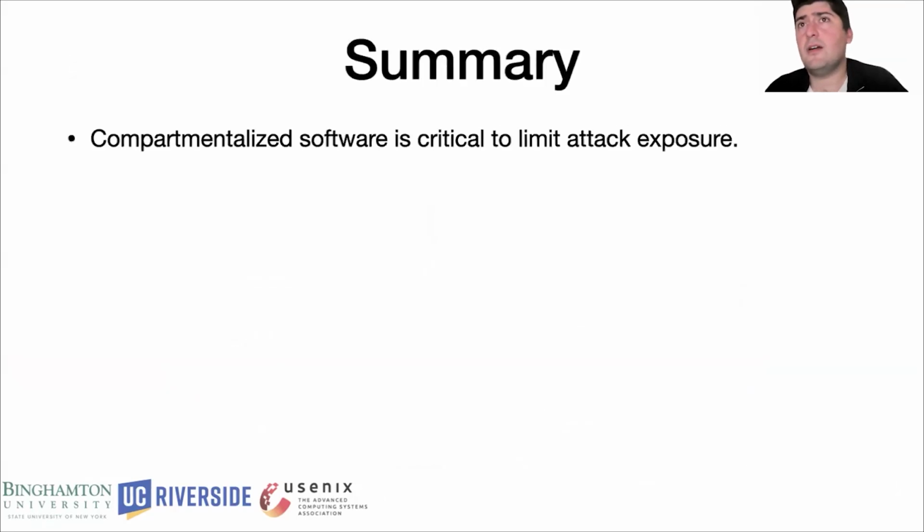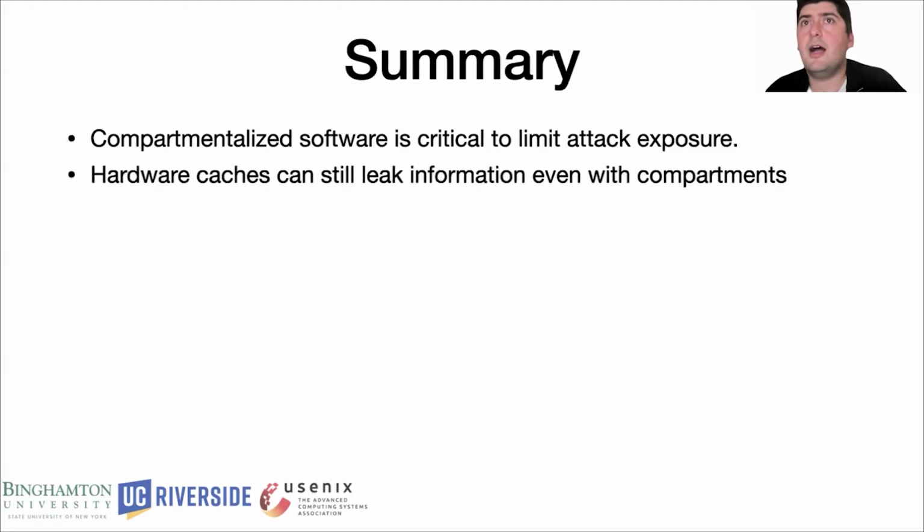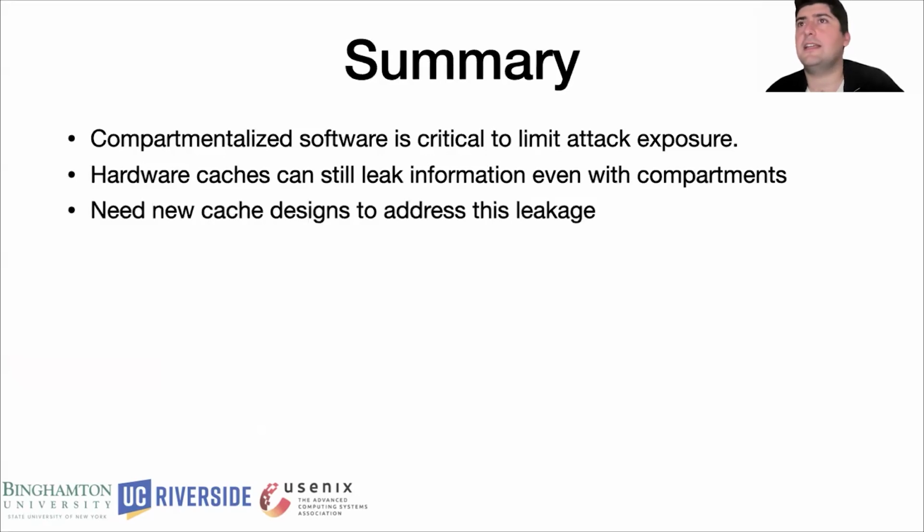In summary, while compartmentalized software contains intra-process attack exposure, shared hardware caches can still leak sensitive data. To fix this, we need cache designs tailored to compartmentalization. With SCC, we take the first step in this direction.